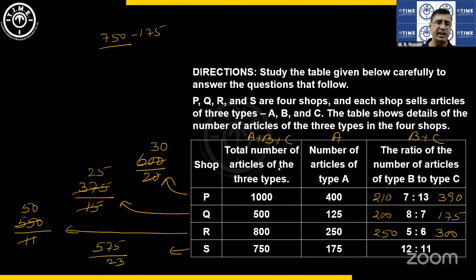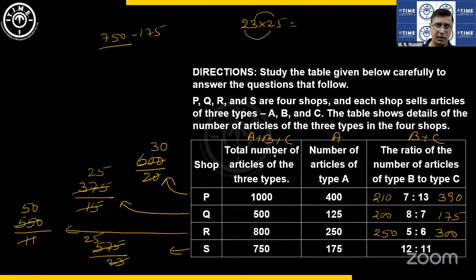Now how many times 23 is equal to 575? 20 into 25 is 500. 3 times 25 is 75. So 23 goes exactly 25 times.